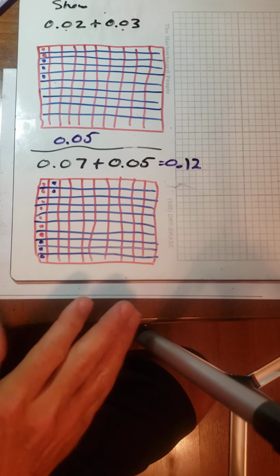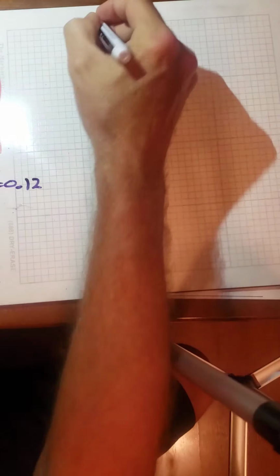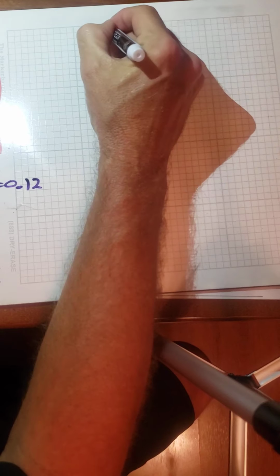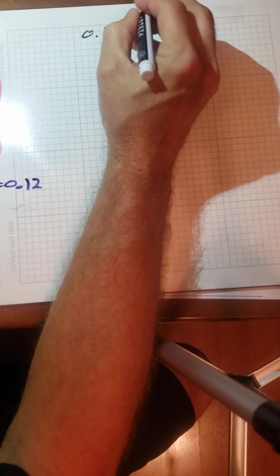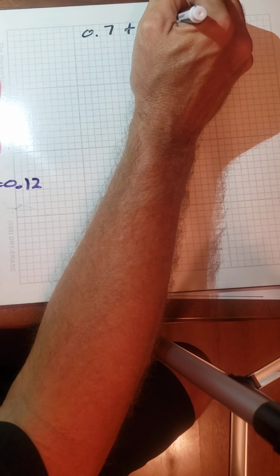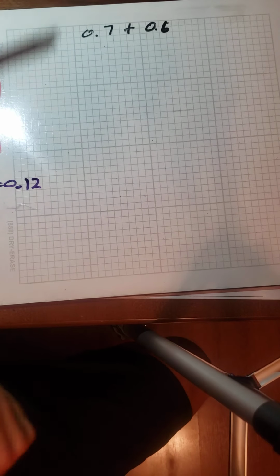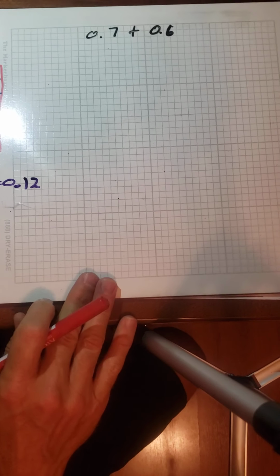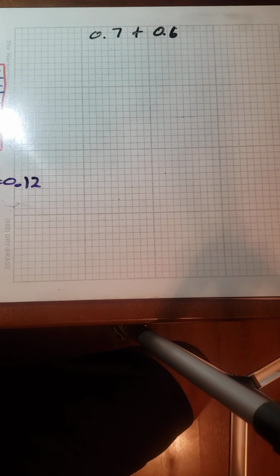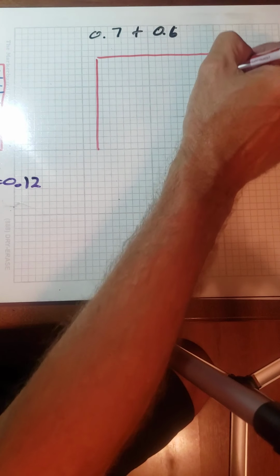Well, what if I'm adding something that looks like this? Okay, so 0.7 plus 0.6. So I'm going to show this. That means I'm going to start off with drawing a big old deal like this.